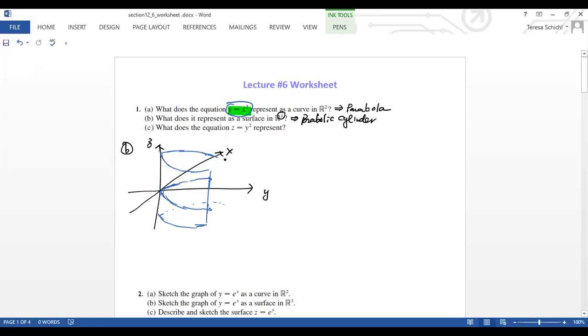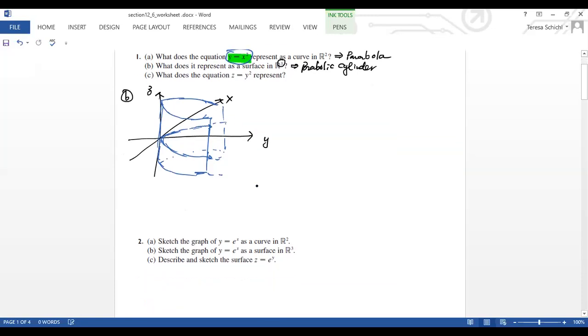So can you see here? This one extends like that, right? It's kind of like a parabola that you bend over, right? The xy trace, and then you go parallel to the z-axis, so this is the cylinder, right?